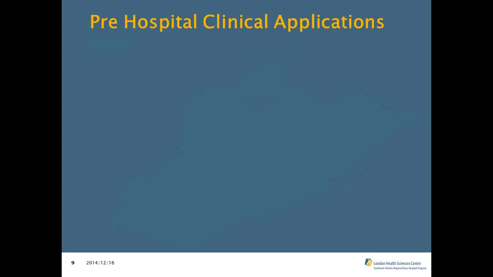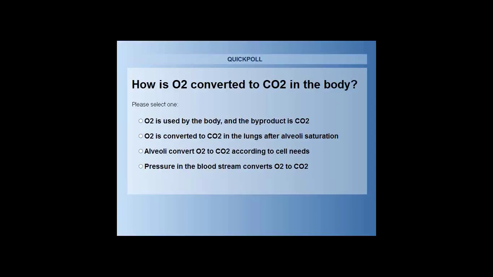So with that, I think we're going to start some poll questions. I'm going to launch our first poll question here, and just make sure that we're all on track with our learning. We do have 3 poll questions in a row, so we'll stop after each one to discuss the answer. The question is, how is oxygen converted to carbon dioxide in the body?